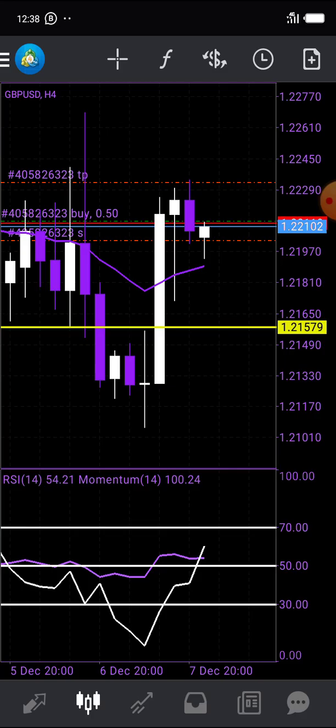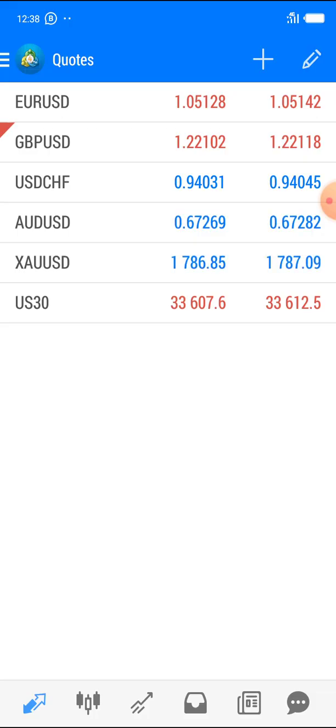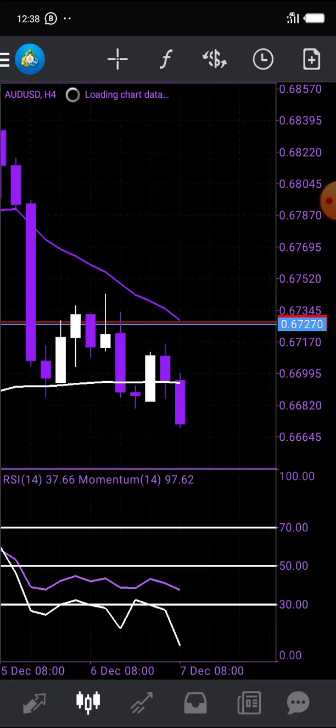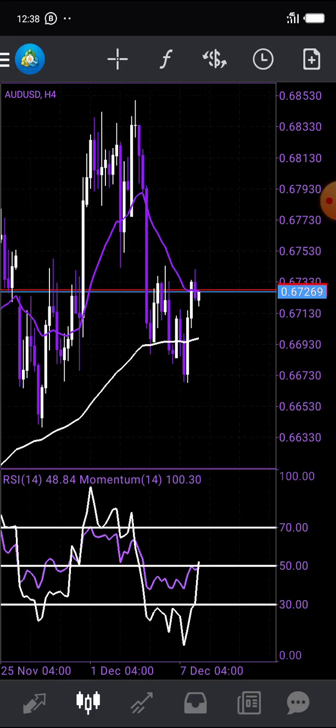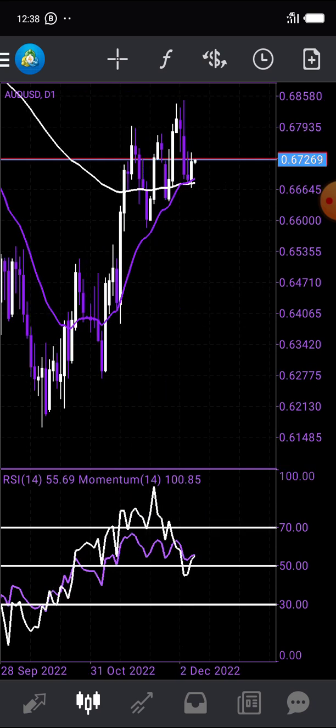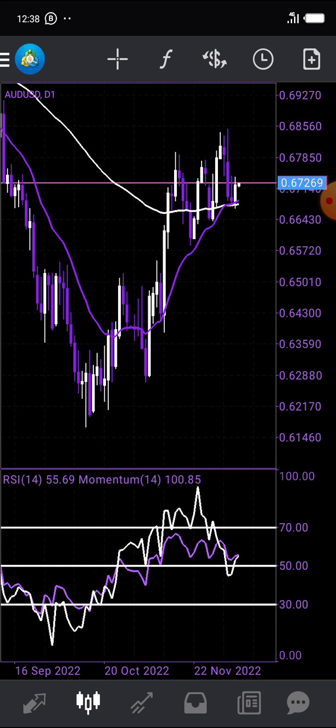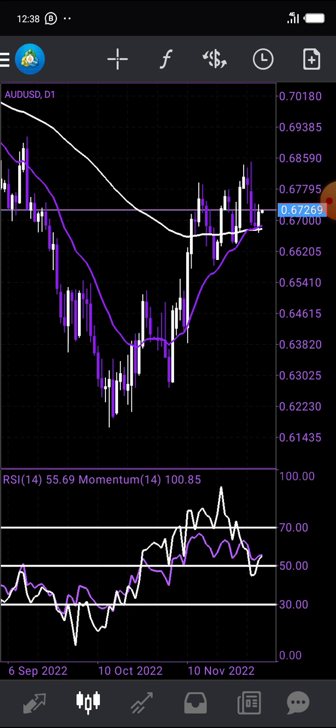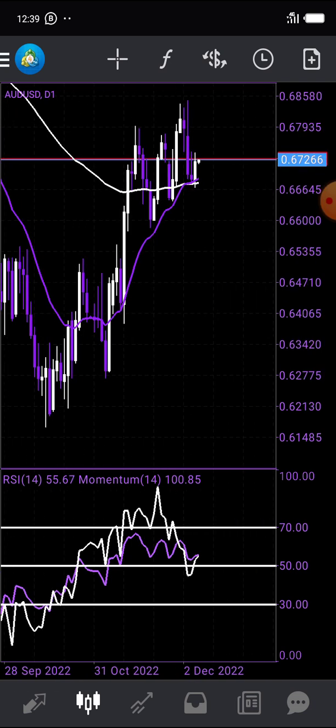So here on the chart, what do you see? Let's go to just a pure chart. I'll start from a top-down analysis of the daily time frame down to the point whereby I can take a trade which I'm comfortable with. I don't see anything forming here on the Australian USD.